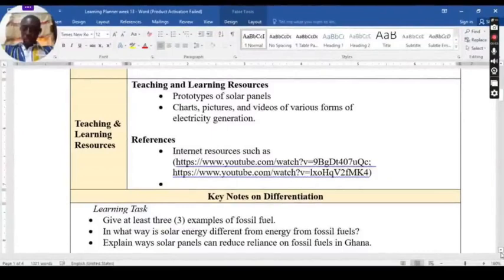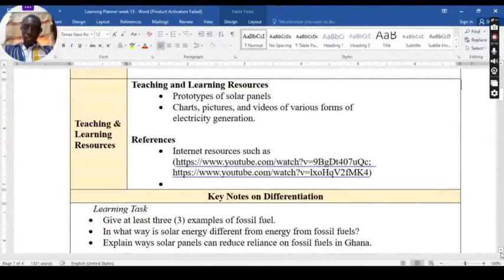Now, what about books? For example, books on solar panels. If you are going to distribute books to the learners, so that each learner will open a book and use it to facilitate their learning, then fine, it can be classified as a TLR, teaching and learning resource.